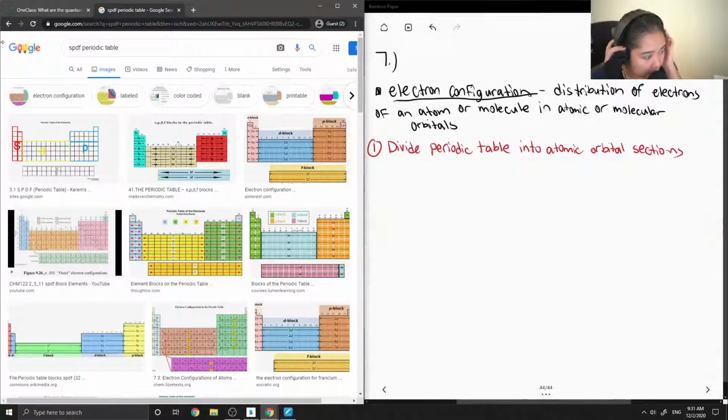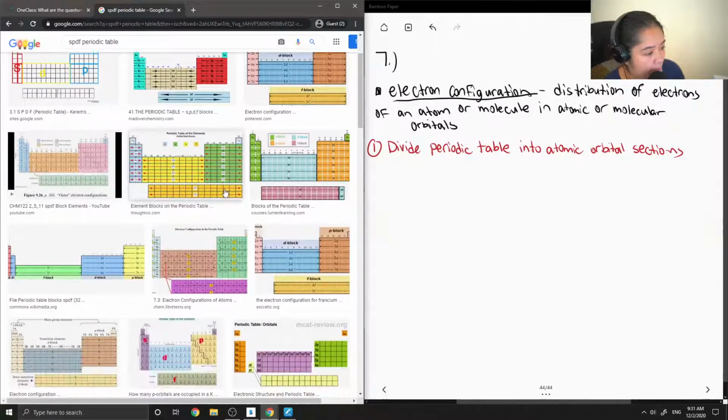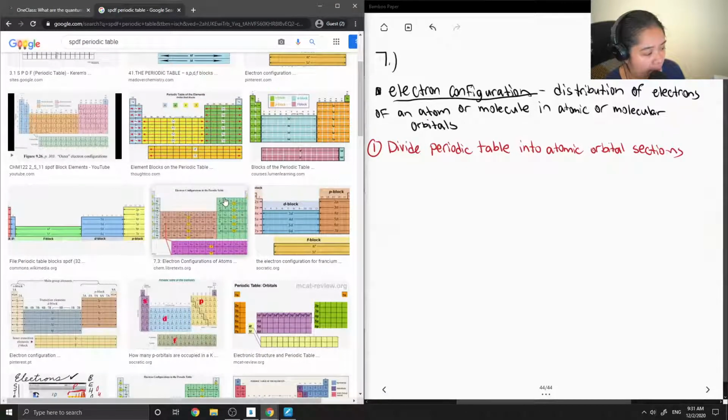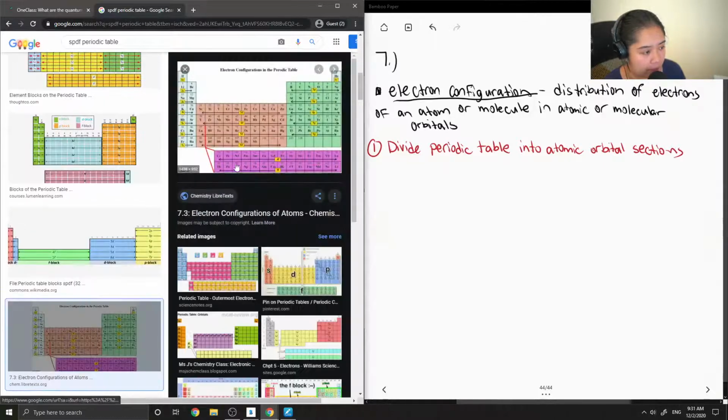Here is an example of how we would divide the periodic table into these different sections. In the blue is the S, the green is the P, orange is D, and this pink is F.